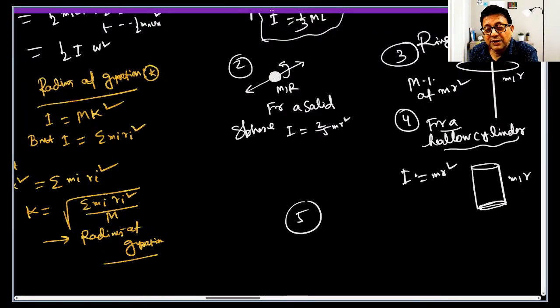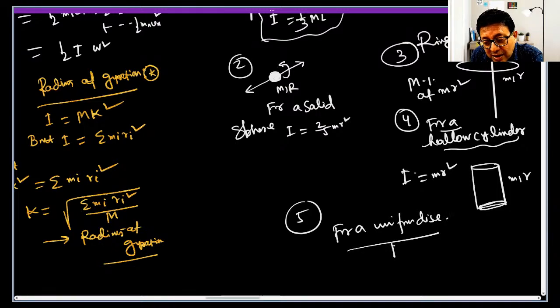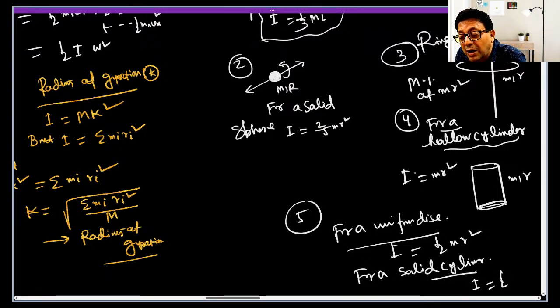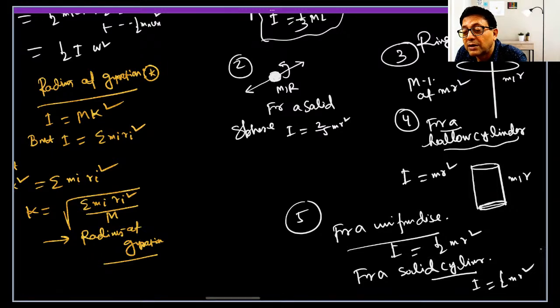For a disc, for a uniform disc, I equal to what? 1/2 mr square. And this is true for a solid cylinder also. For a solid cylinder also, I equal to 1/2 mr square.